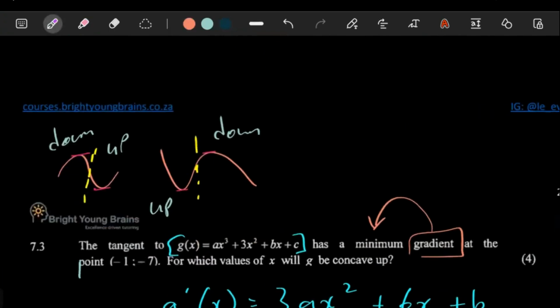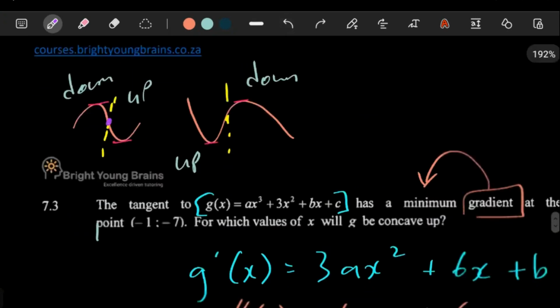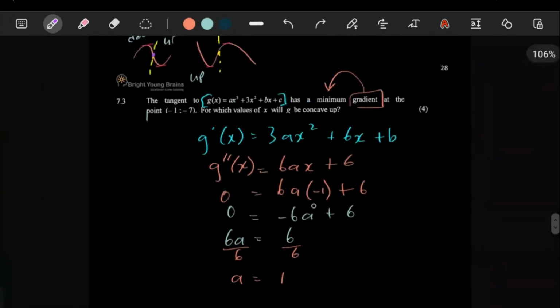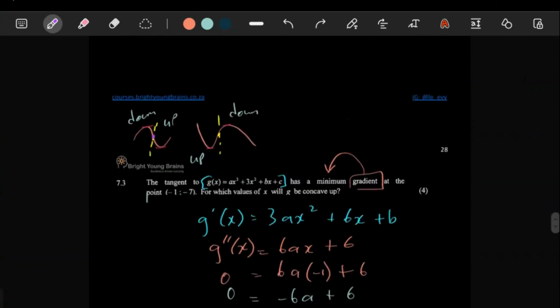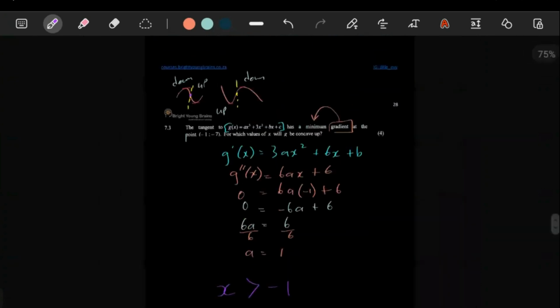So meaning that if you look at it nicely, your graph is concave up on the right side of your point of inflection. So what we know is the point of inflection is at -1, based on what this information is telling us. So we're going to say here x has to be bigger than -1.